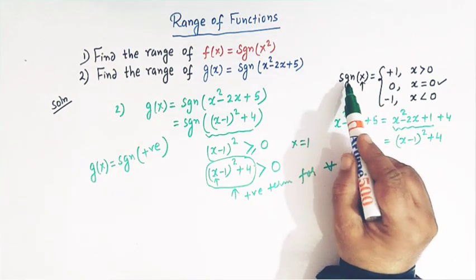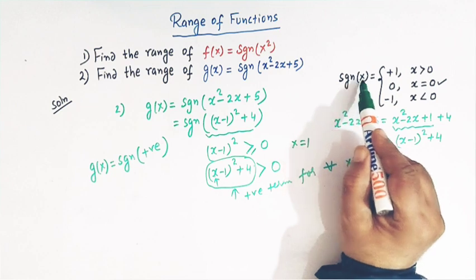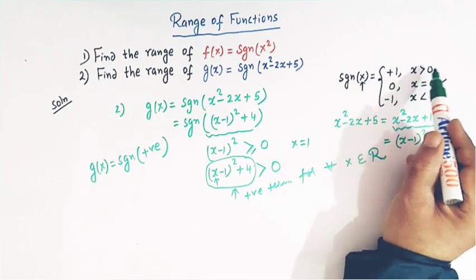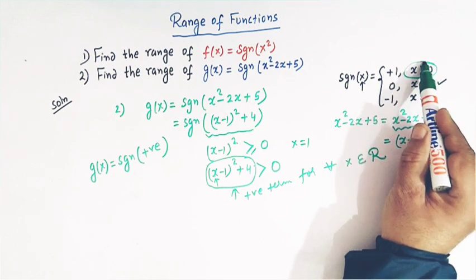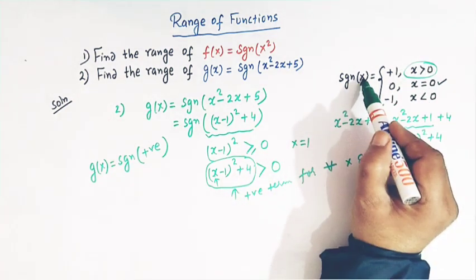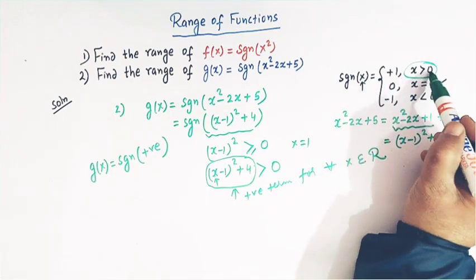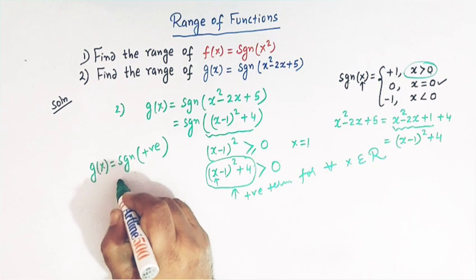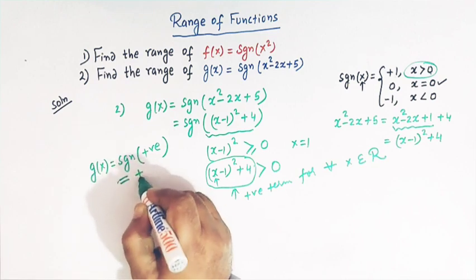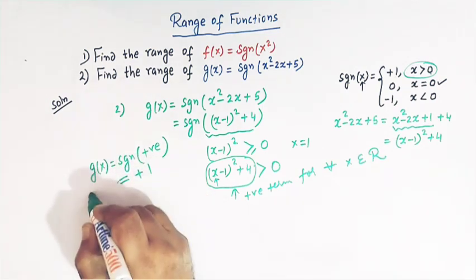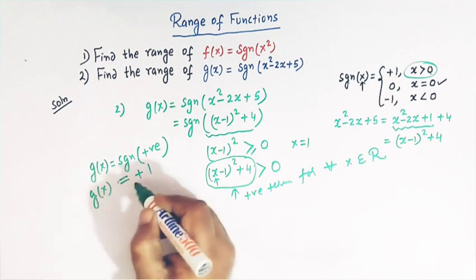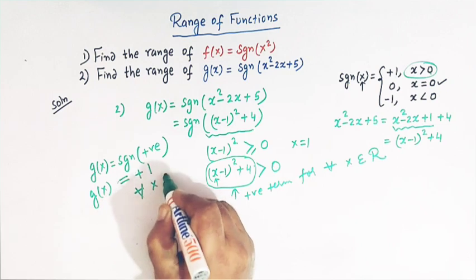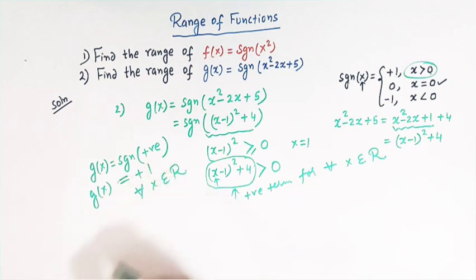So g(x) is equal to signum of a positive quantity. Now let us apply the definition of signum function. Signum of x takes the value plus 1 whenever x is greater than 0. So whenever this quantity is positive, signum of it is positive 1. So g(x) is equal to plus 1 for all x belonging to the set of real numbers.